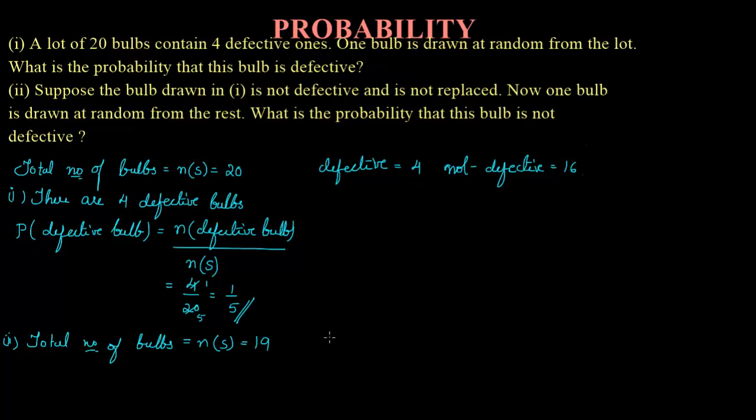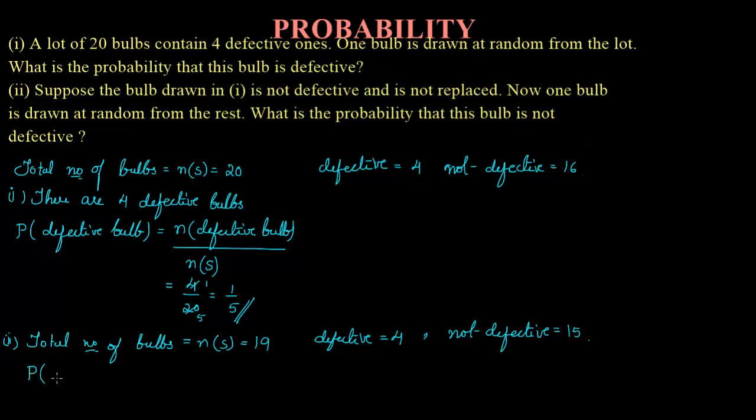Even the defective bulbs are 4 only, because they have said you to consider that the bulb that has been taken out from the lot, you need to consider it as not defective. So defective bulbs remain same. Defective, it is 4 only, and not defective, it has been reduced, because you have considered that the bulb that have been taken out from the lot is a not defective bulb. So before it was 16, now it has become 15, right?